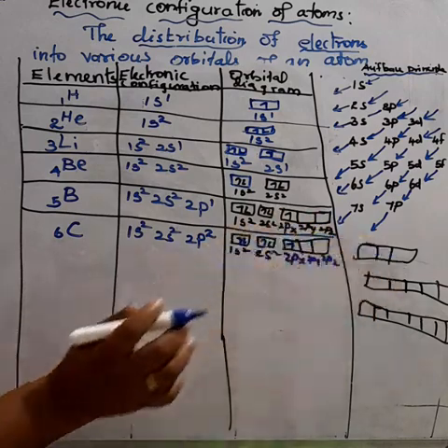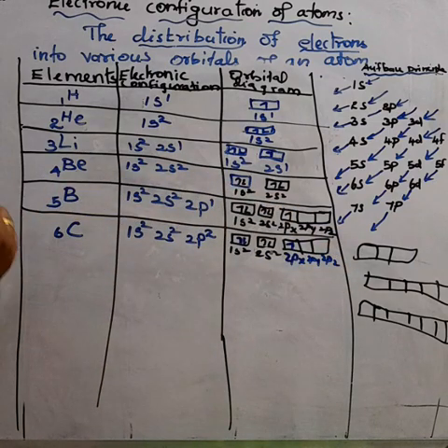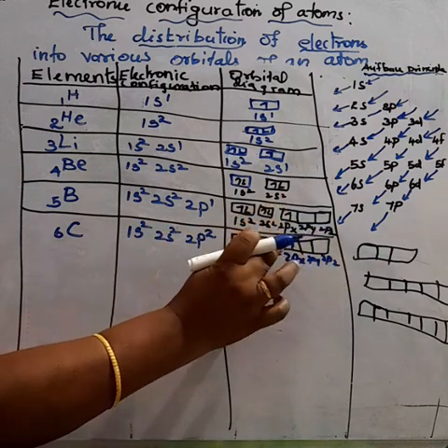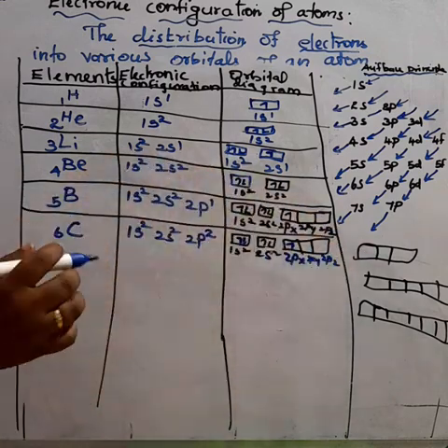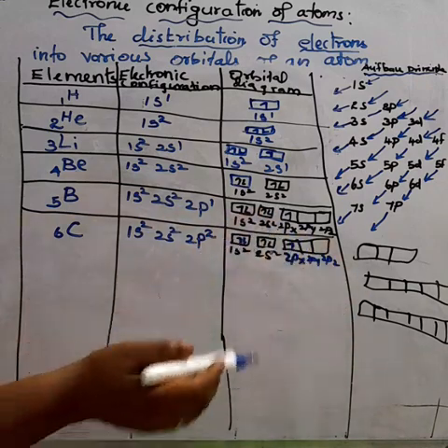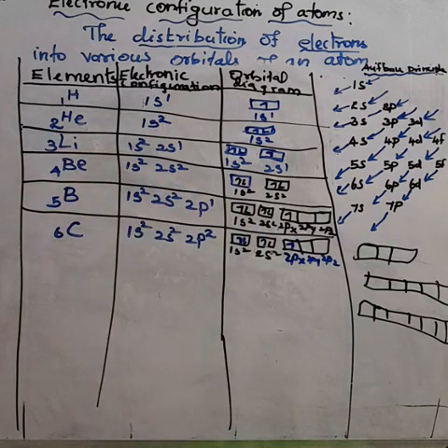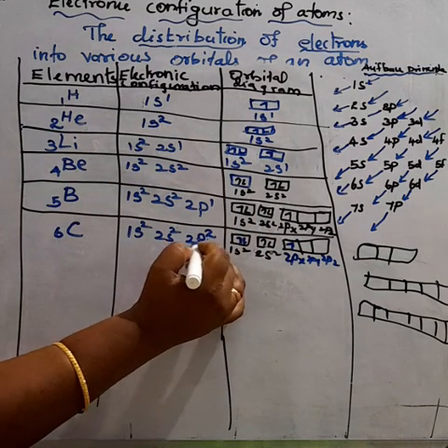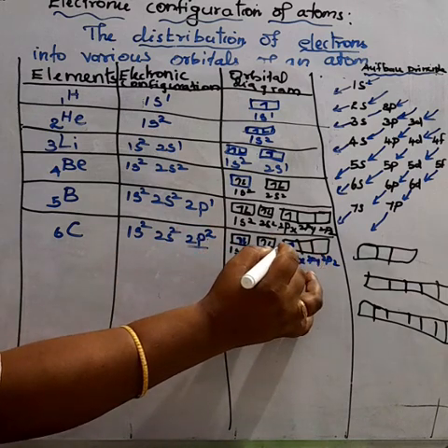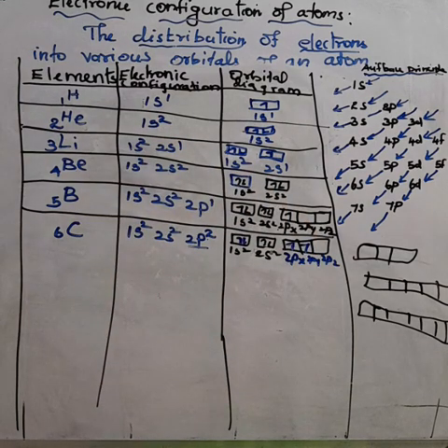Here 3 orbitals are available. First we should fill all the 3 orbitals singly. After that we can pair the electrons. So for the carbon atom, 2 electrons in the p orbital, first we should fill singly, first one and then the next one.